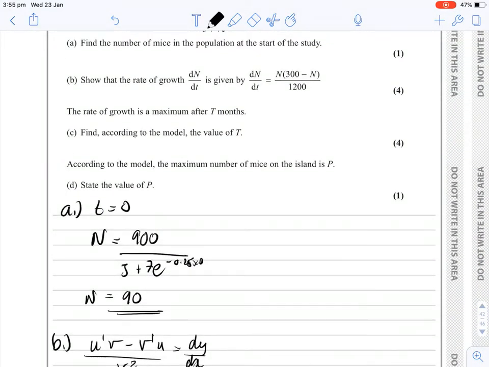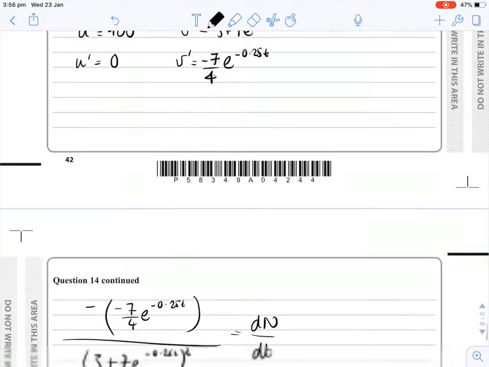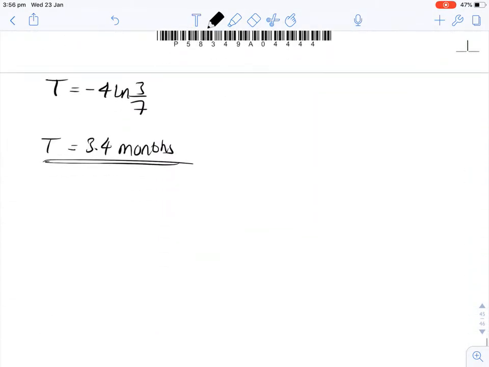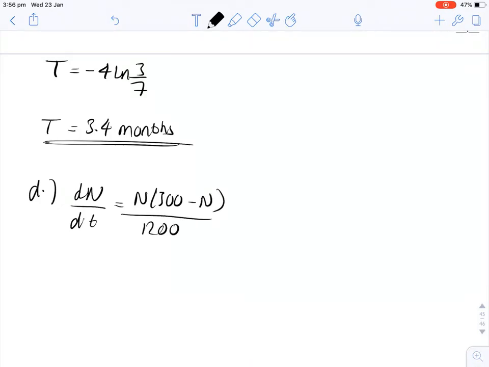Finally, according to the model, the maximum number of mice on the island is p. State the value of p. So all we have to do is look at the equation that we have. For part D, we've got dn/dt = n(300 - n)/1200.